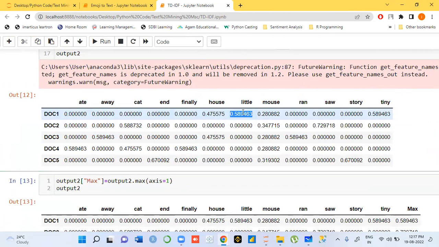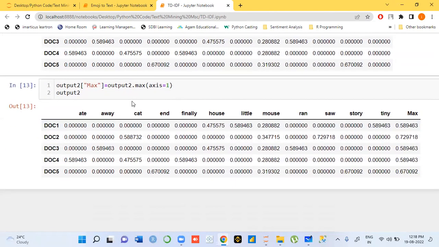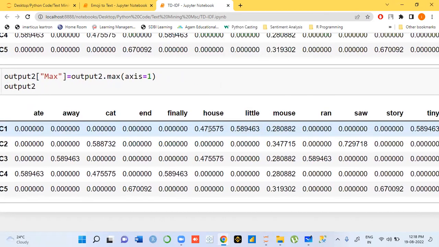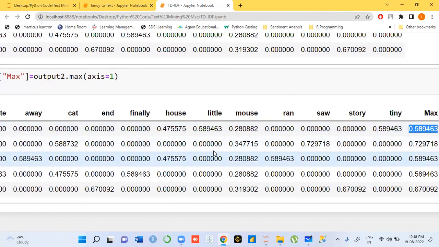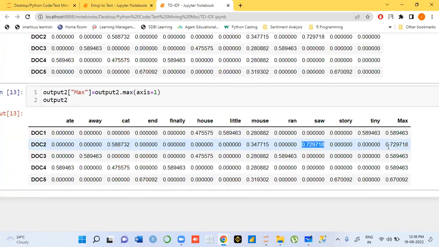Now at document level, I compute the max. What is the max in this row, guys? In the first row, this one, window. In the next row, 10.2. Clear? So we can say that in the second tweet, in the second document, the word saw is very important.